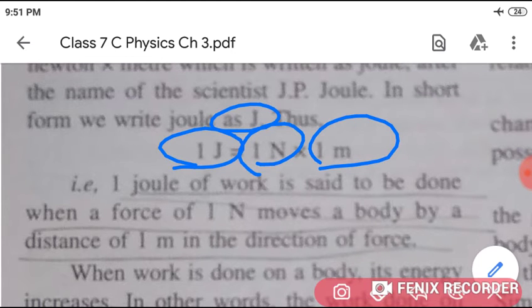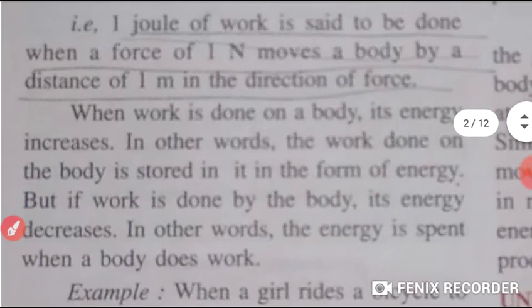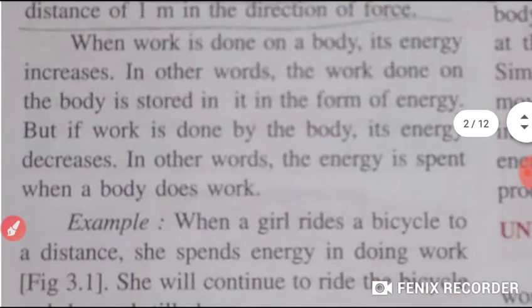So what is the definition of 1 Joule? 1 Joule of work is said to be done when a force of 1 Newton moves a body by a distance of 1 meter in the direction of force. So students, when work is done on the body, its energy increases. That means the work done on the body is stored in the form of energy.